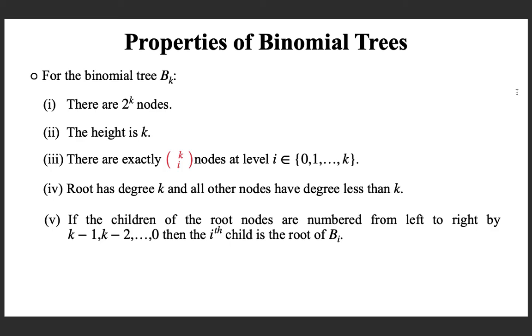So with this, we are finishing this lecture. Today we have seen a data structure, namely the binomial tree. We saw that it is a recursively defined tree with a very simple process to define a binomial tree of height k from 2 copies of binomial trees of height k minus 1.